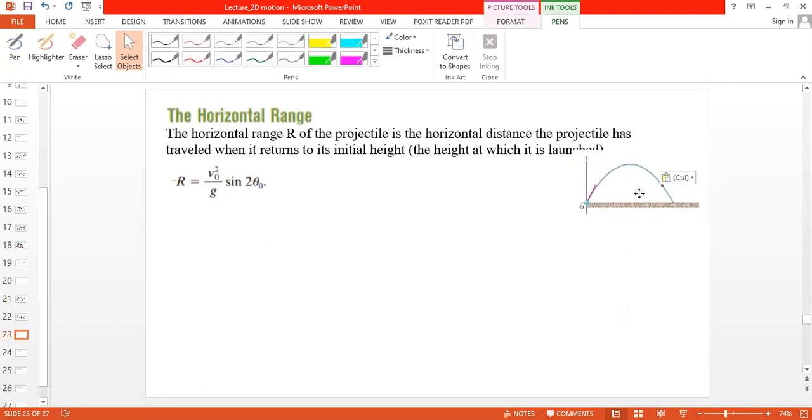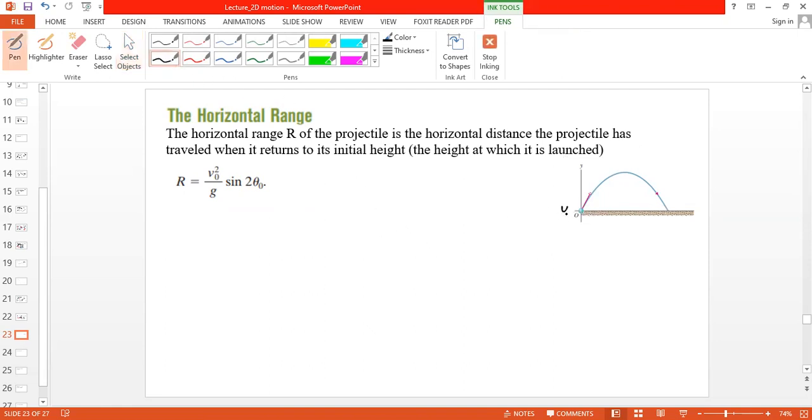The object starts from here, and once it reaches here, it reaches its original, initial height. That is, it started with some y value, and if it ends with the same y value, then the horizontal distance, the x distance, is my range.